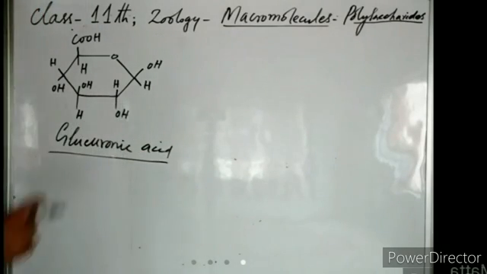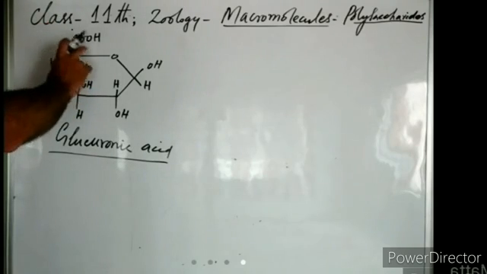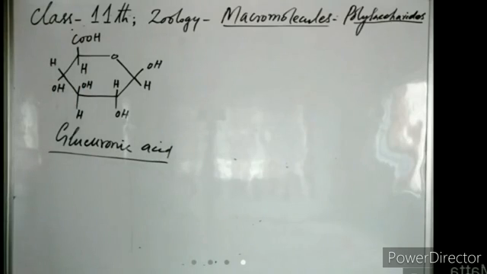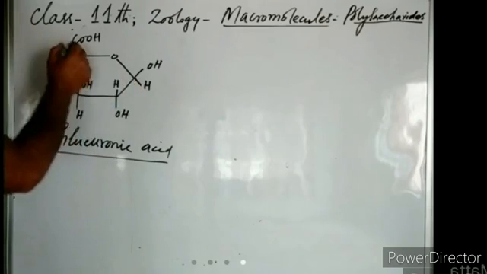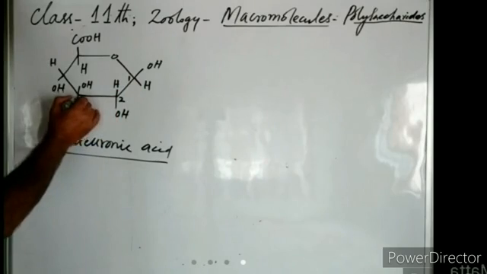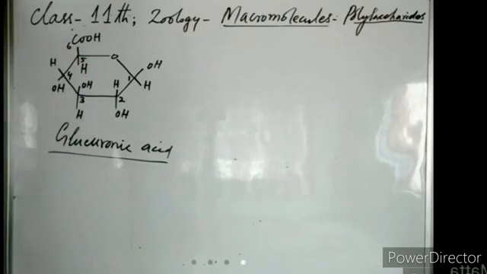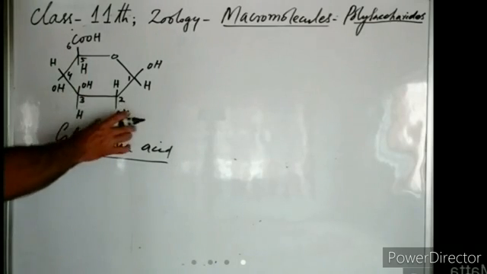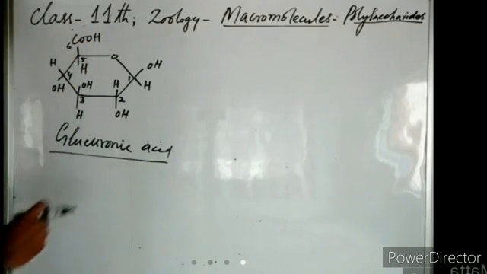Generally we call such glucose, which has a carboxylic acid group at its carbon 6, glucuronic acid. This is carbon 1, this is carbon 2, this is carbon 3, this is carbon 4, this is carbon 5, and this is carbon 6. So when a glucose has a carboxylic acid group at its carbon 6, we call it glucuronic acid.